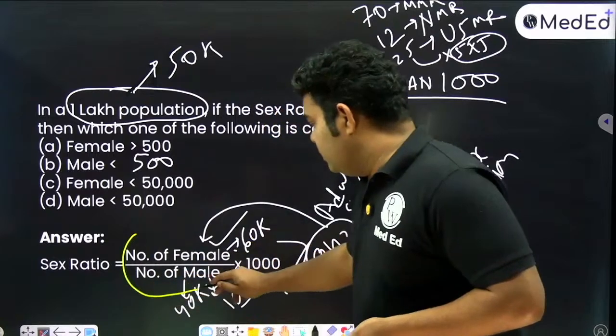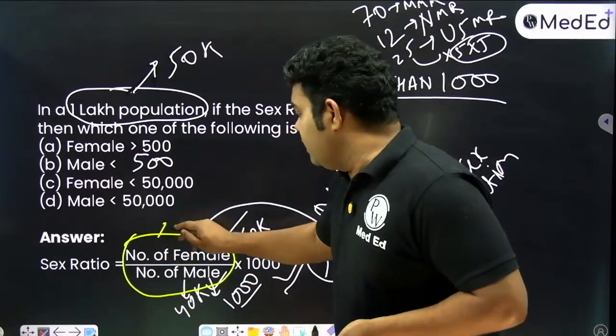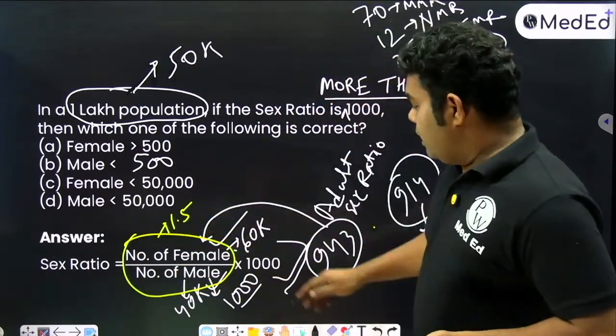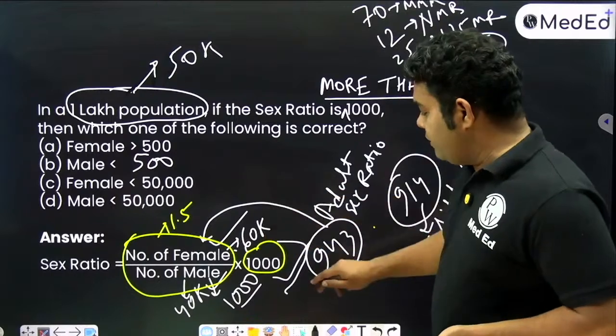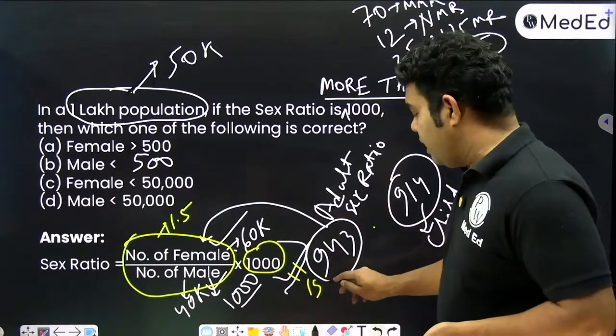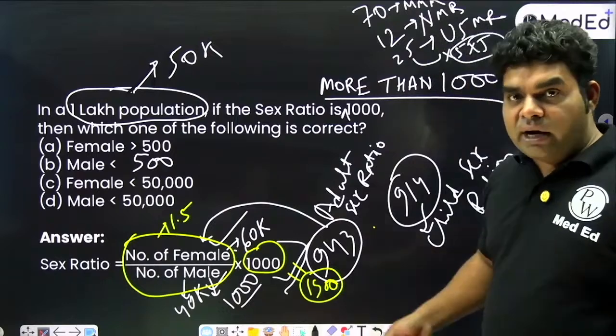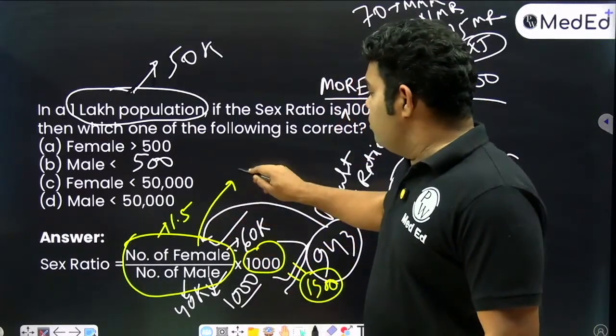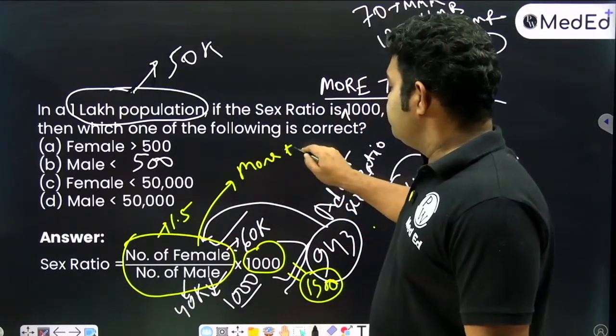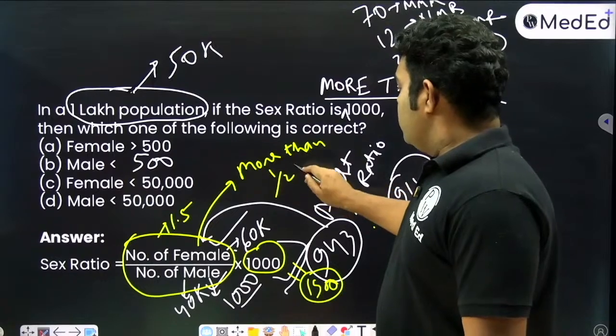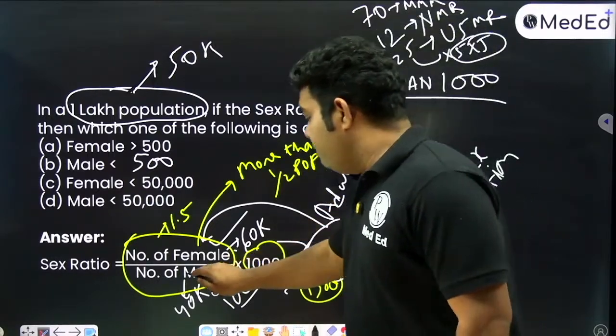So this number of female by male came 1.5. And then we multiply by 1000, 1.5 into 1000 is coming 1500. So it is more than 1000 whenever female is more than half population or whenever male is less than half population.